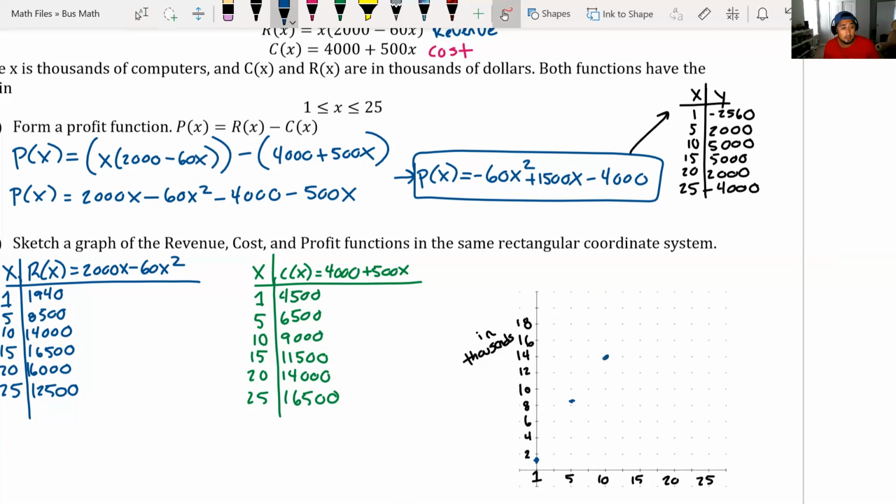I like that. 15 and 16,500, somewhere around there. 20 and 16,000, right in the money, that's nice. And 25 and 12,500, somewhere right there. So here's profit. Here's revenue.